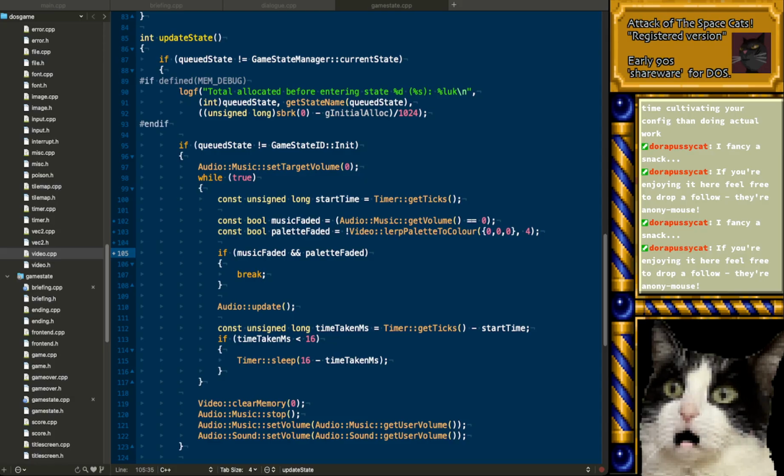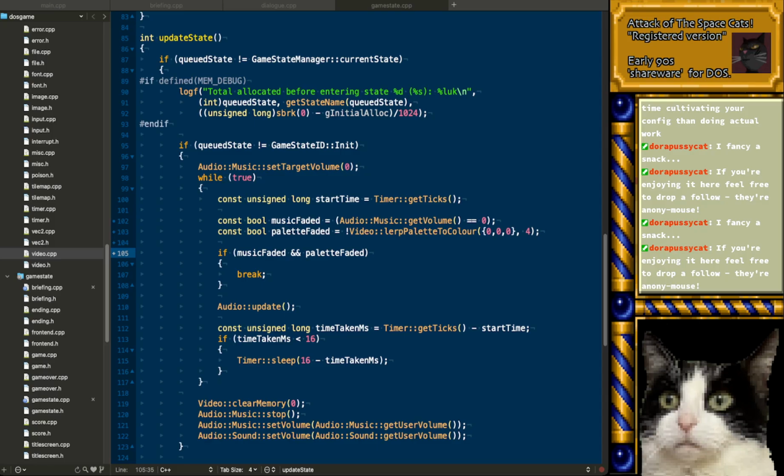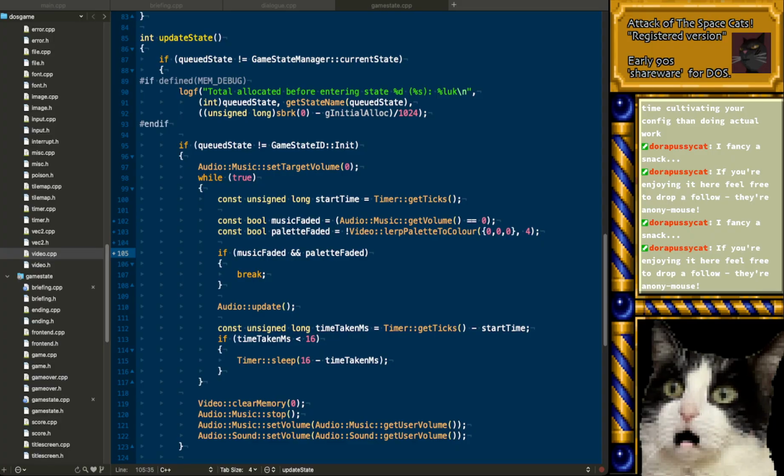Work in progress. Remove one briefing, and then that bug what I've just fixed. Also fixed. Also made music and palette fade happen at the same time.